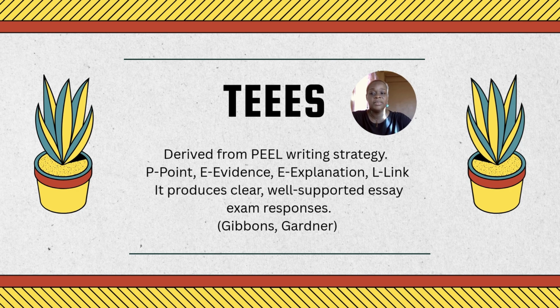According to Gibbons, this method guides writers in crafting well supported essays and responses, emphasizing focus points, supporting evidence, and connection to the main thesis. Gardner suggests that this organized approach enhances clarity and facilitates easier writing.